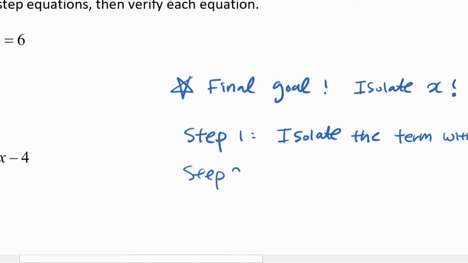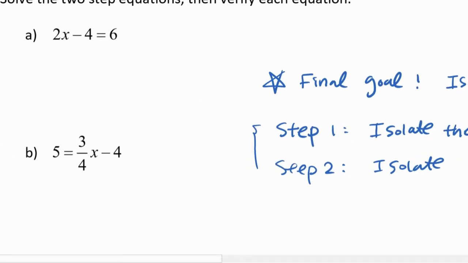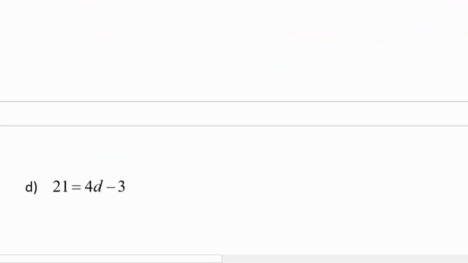Step 2, then isolate x. Two-step equation. All right, we're going to isolate the term with x.